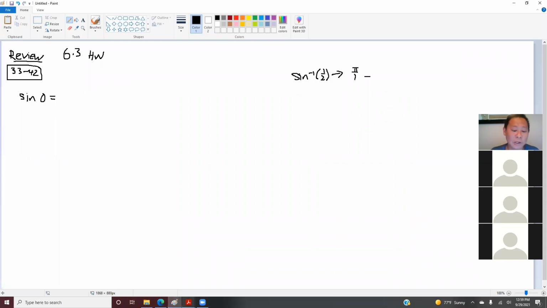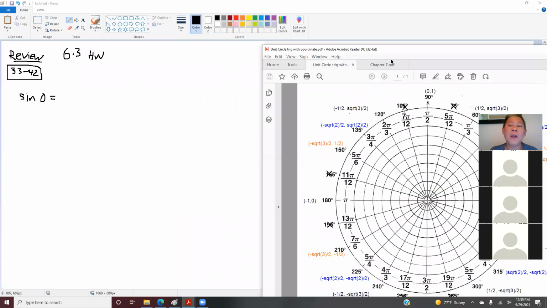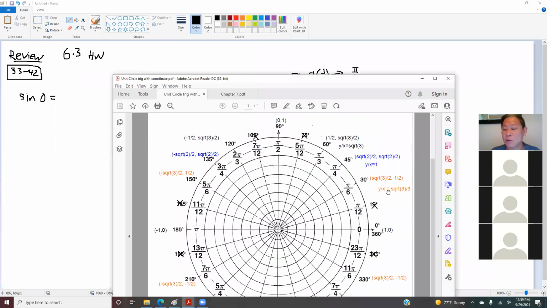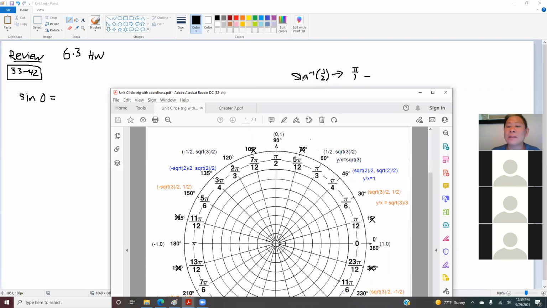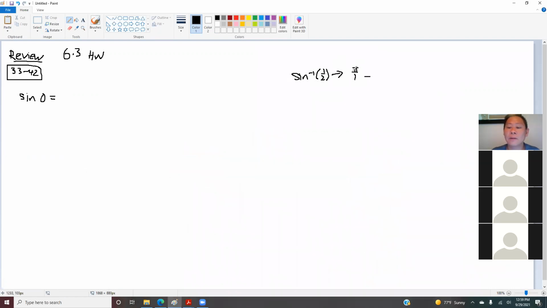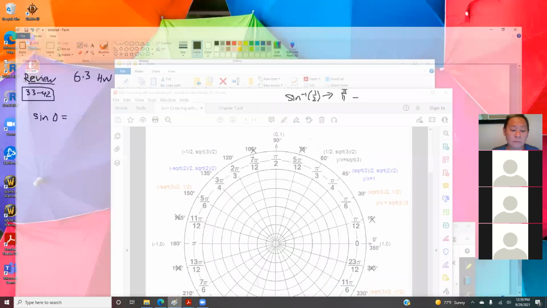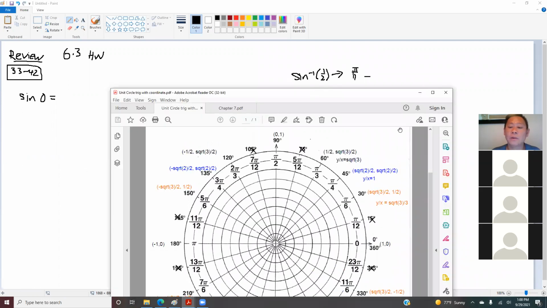So how do we use the unit circle for this case? Be careful. When I ask for arc sine, you're looking at your coordinates, right? Can someone tell me what is arc sine of 1/2, looking at your unit circle? What is arc sine of 1/2?